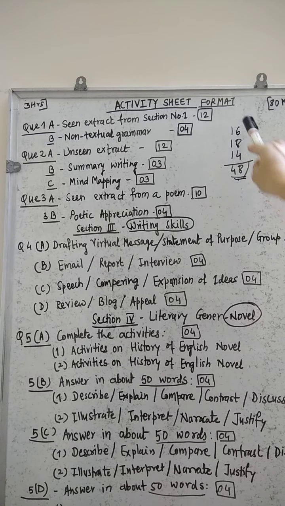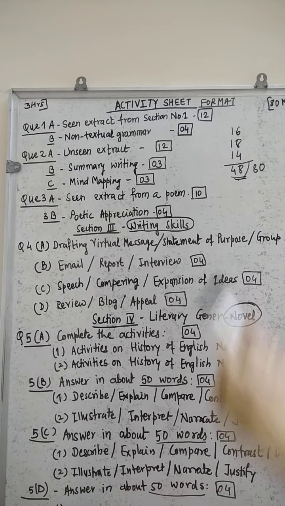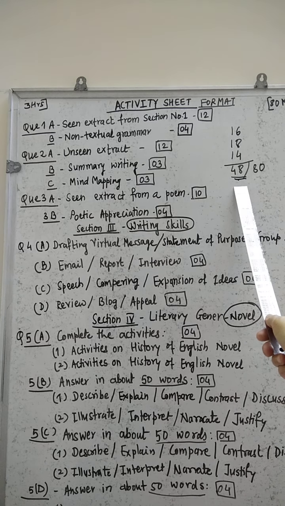These three are the questions which we will be preparing with more care, with a very focused point, and our objective will be to score full marks in these questions, which will help us in scoring as many as 48 marks out of 80. There is very little scope for cutting marks in these questions if you attempt them correctly.